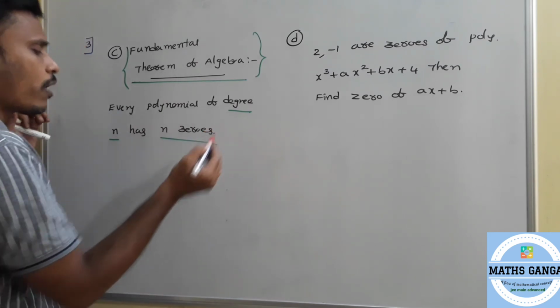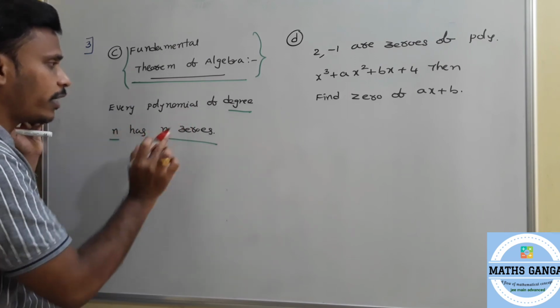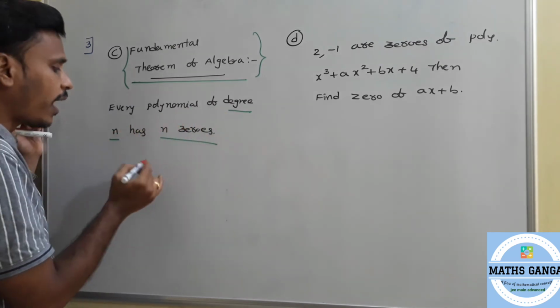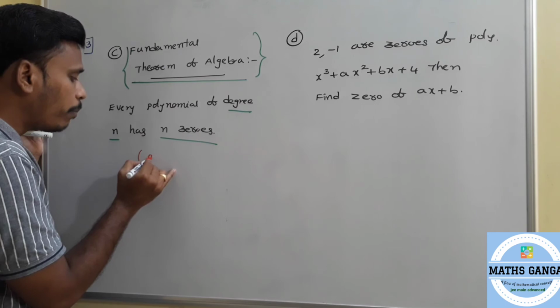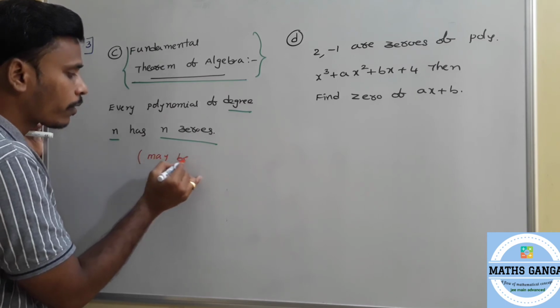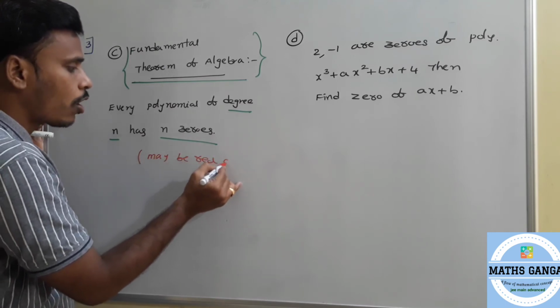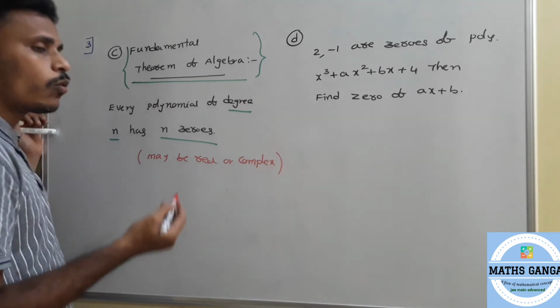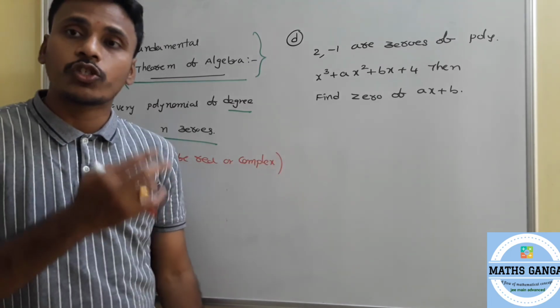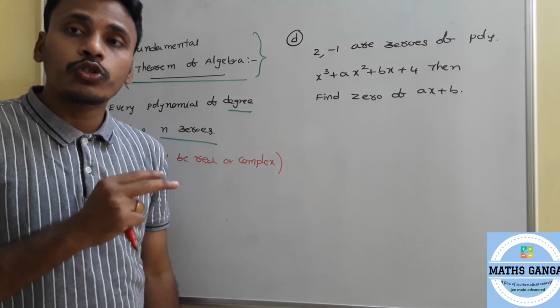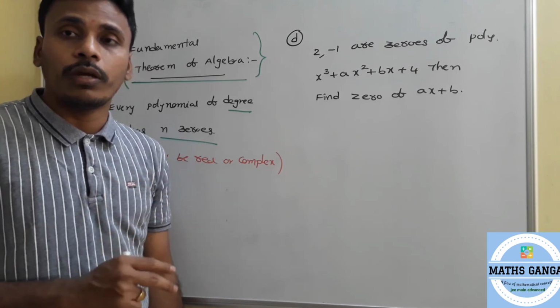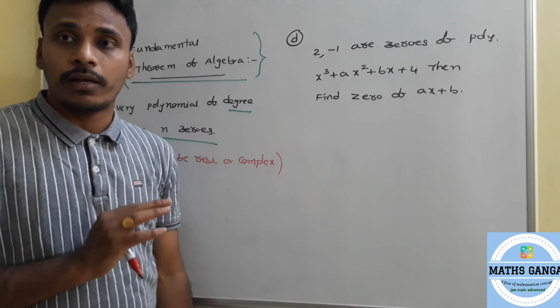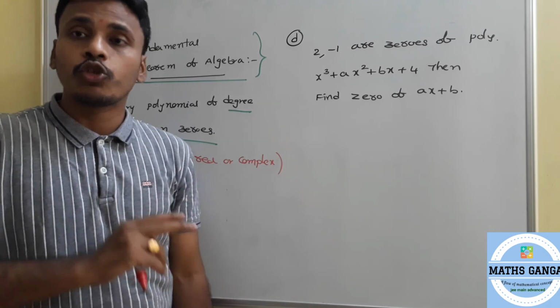Proof is not required, and you need to think about the statement. If the degree is n, then it has n zeros. Those zeros may be real or complex. Already we learnt in quadratics, every quadratic expression or equation has 2 roots and 2 zeros. And those 2 zeros of the quadratic polynomial are sometimes real, sometimes complex, but for sure it has 2 roots.